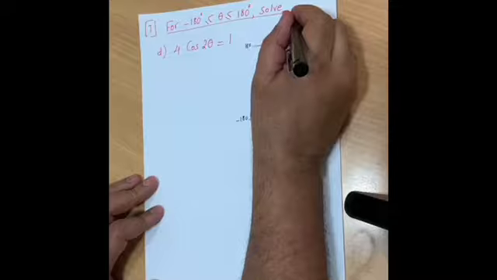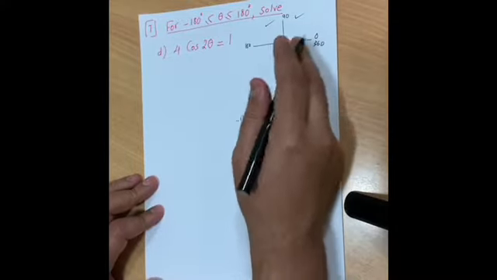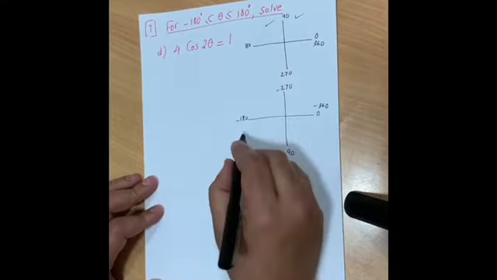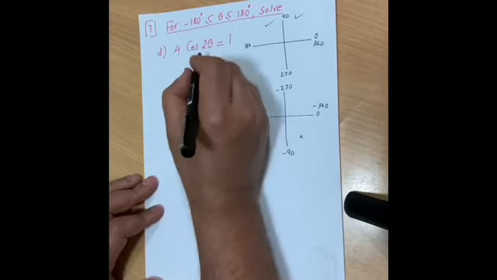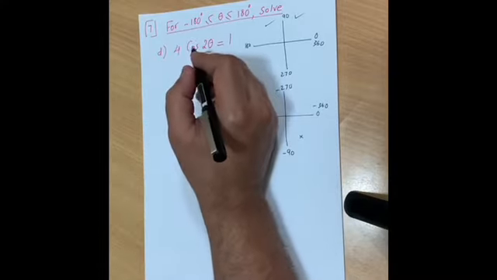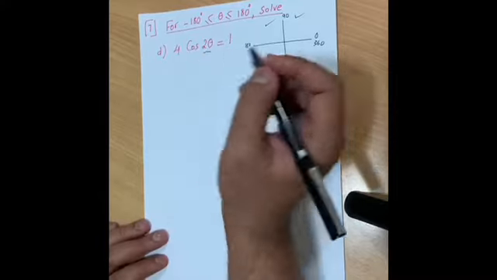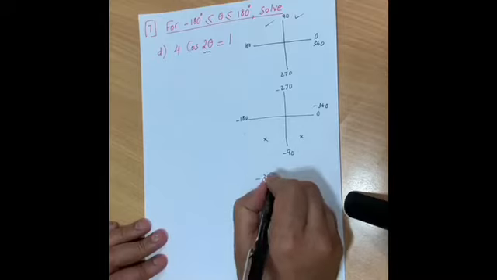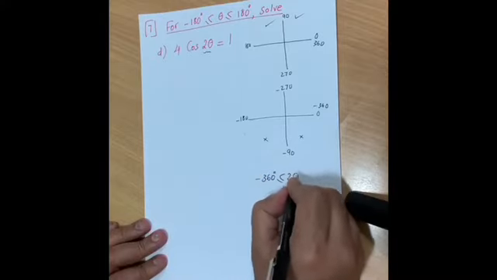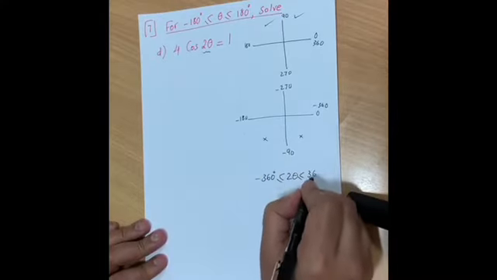Now it's required to work only in the first two quadrants from the positive, from 0 to 180, and the last two quadrants on the negative range. But the point is we have 2 theta, which means we have to multiply and change the range. Now the new range is from negative 360 to positive 360.